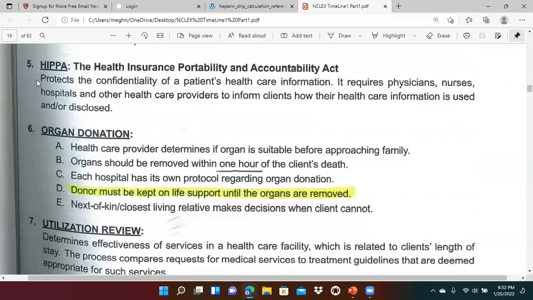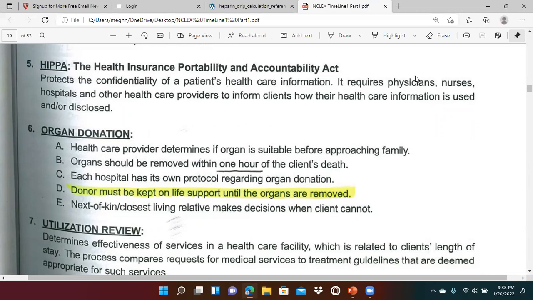Next here, what is HIPAA? It is called the Health Insurance Portability and Accountability Act of 1996, shortly called HIPAA. It protects the confidentiality of a patient's healthcare information.